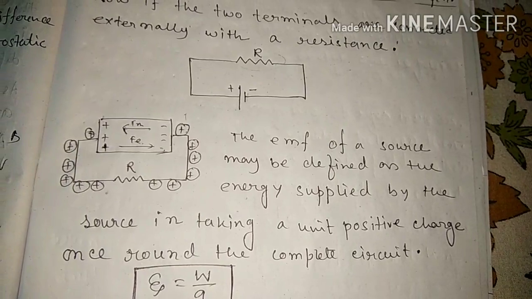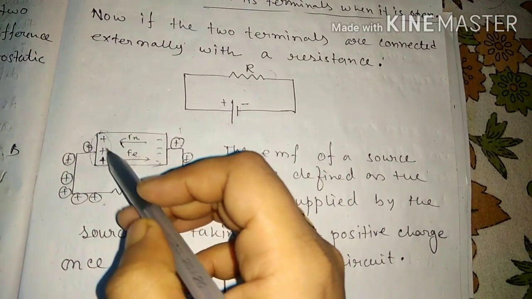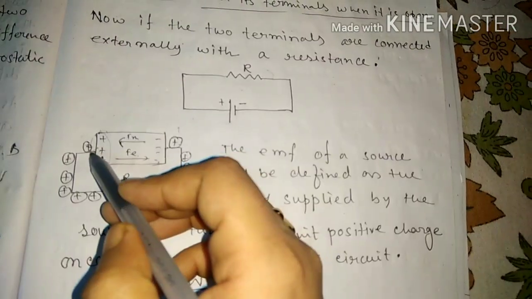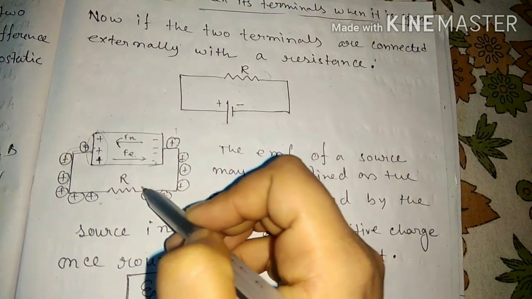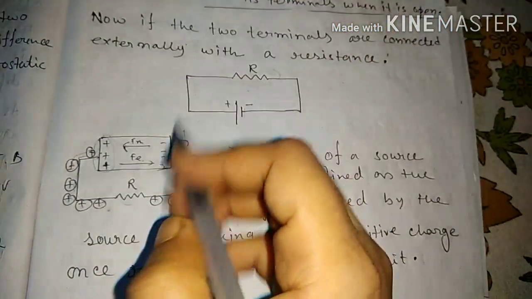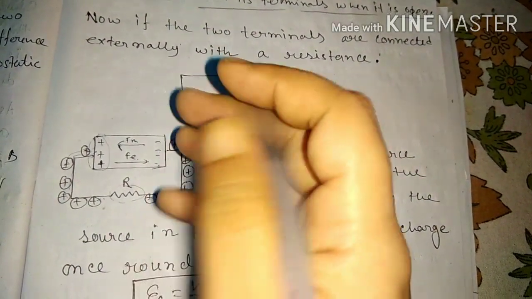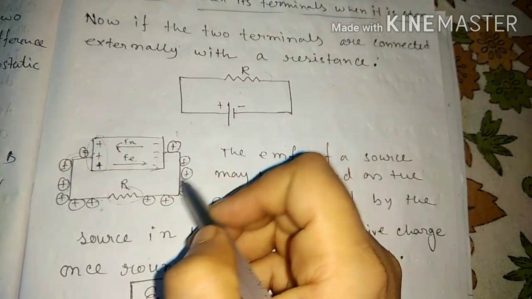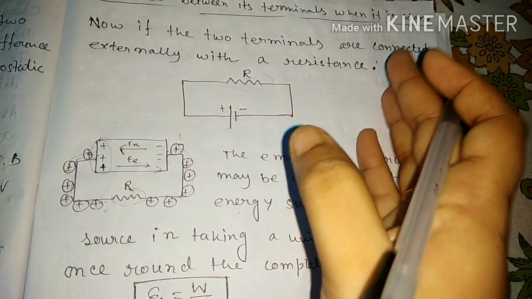Then whatever positive charge is accumulated over here gets a path to travel. So through this wire it will start in motion, and the function of resistance is to oppose the electric charge. So when it crosses this resistance, some energy is lost, and by the time it enters this terminal, its energy is totally lost.